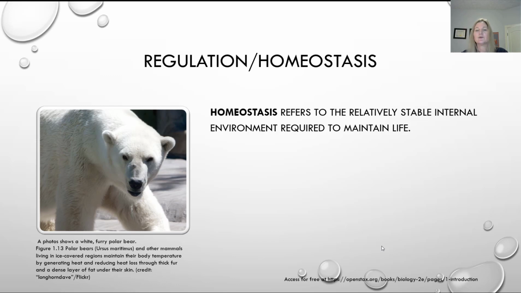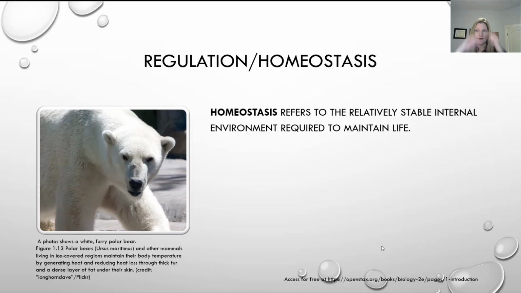For example, we need to have a system of gas exchange so that our cells can get the oxygen that they need in order to undergo cellular respiration to produce cellular energy, and we need a way to get rid of the carbon dioxide that is produced as a byproduct from that process. Okay, so we have to make sure that our body systems can be regulated in a sense that the cells are getting what they need when they need it, and waste products are removed.